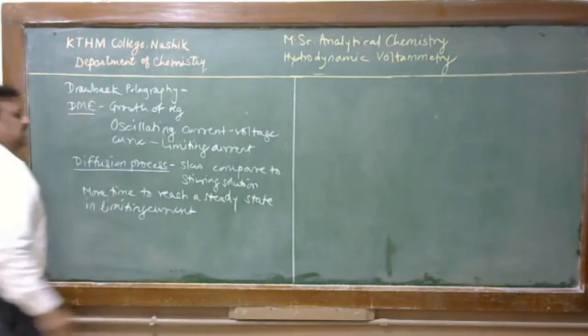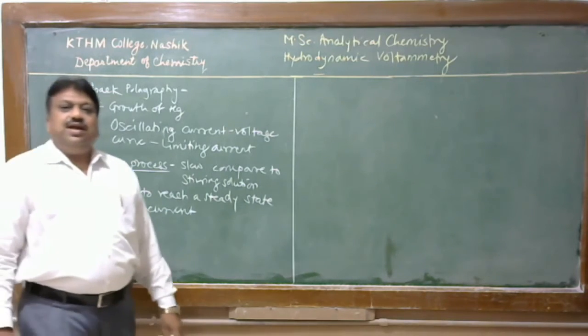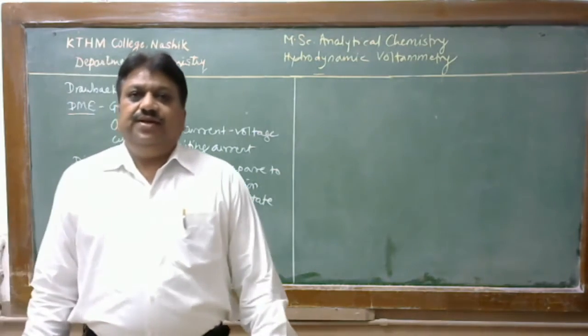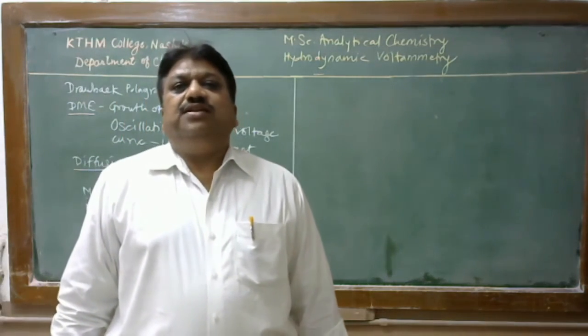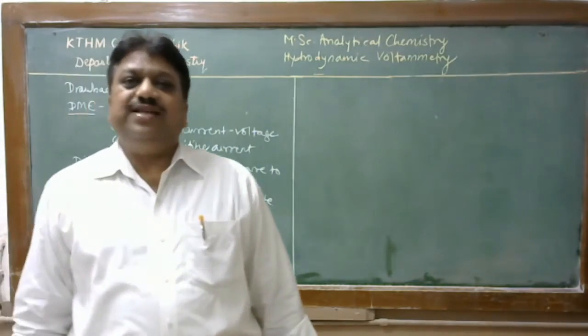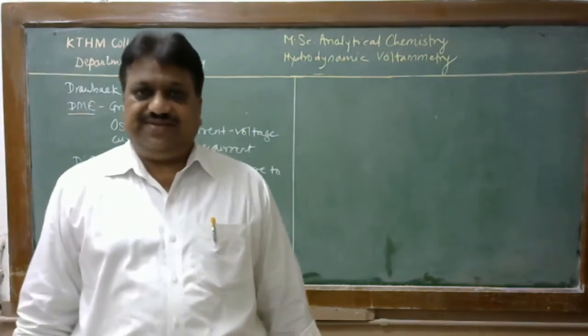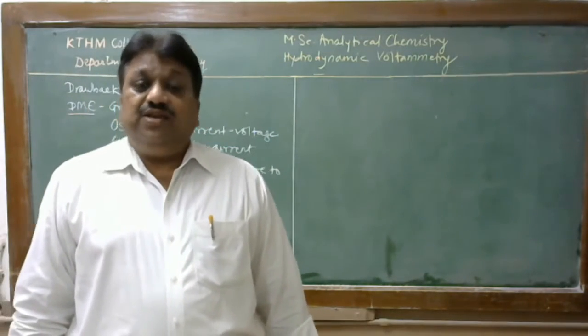Therefore, due to these different disadvantages, there is need of hydrodynamic voltammetry. In hydrodynamic voltammetry, analyte solution is continuously kept under motion so that transportation of ion to the electrode surface is fast, and here the limiting current achieves a steady value very fast.